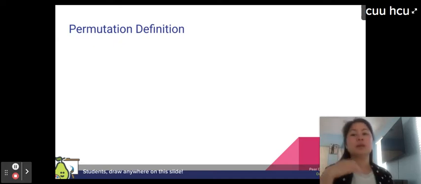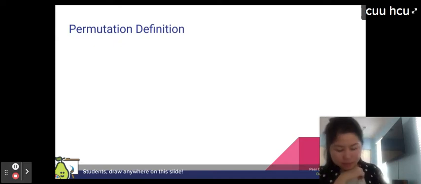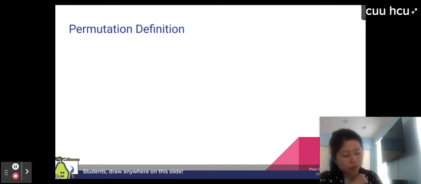It can be people, it can be items that we looked at, and the number of different permutations of n distinct objects is n factorial. So this would be a new symbol for you, okay?